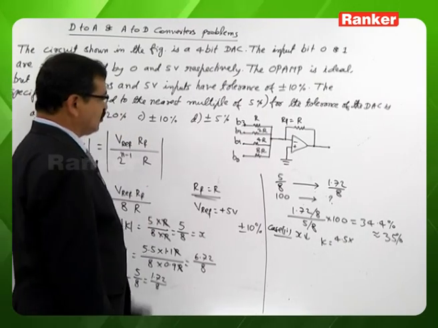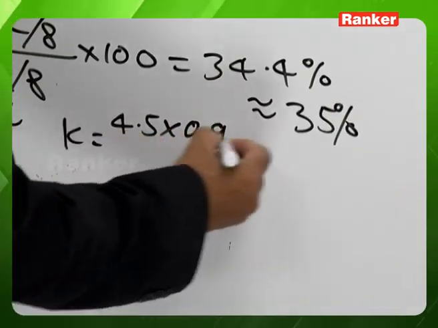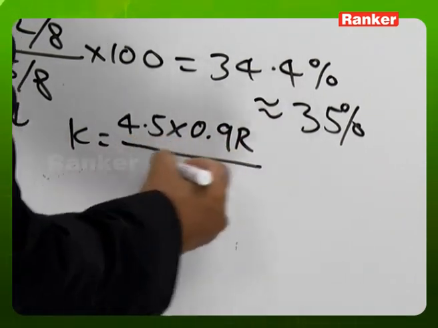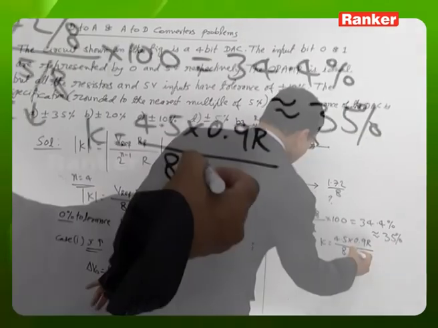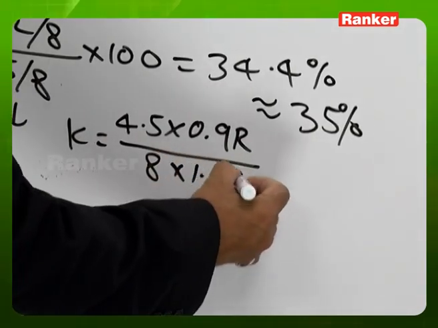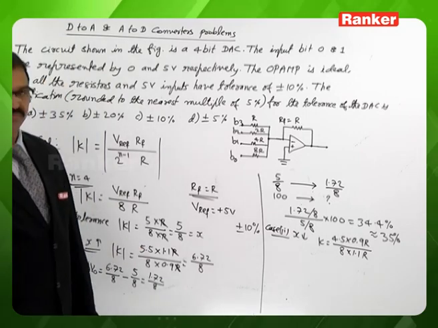And the feedback resistor is also on the lower side, so it is 0.9 R. And in the denominator, this R will be on the higher side, it must be 1.1 R. Then K is deviating from the expected value to the lower side.